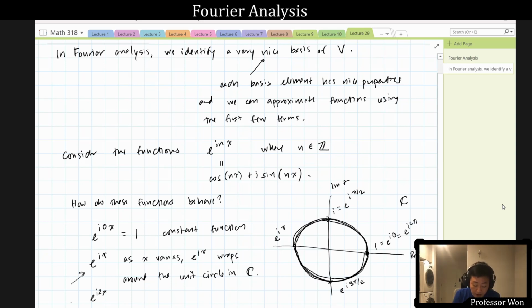So this function wraps around the unit circle, but at twice the speed in terms of x, right? If you vary x half the amount, it wraps around the same distance as the first function. So this wraps around the unit circle at twice the speed.